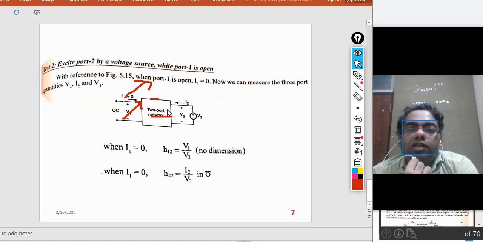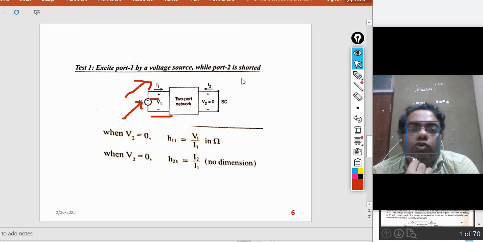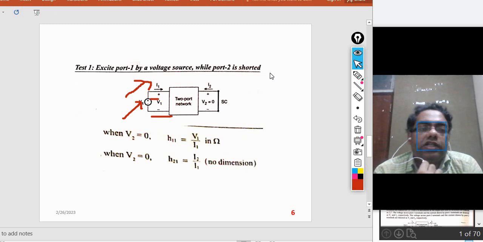So what we have learned from here is that for these low frequency parameters, whether ABCD, hybrid, Z or admittance parameters, we can obtain them by doing open circuit or short circuit at the input port or the output port.